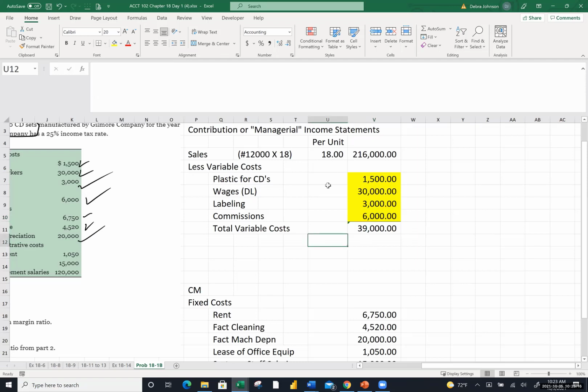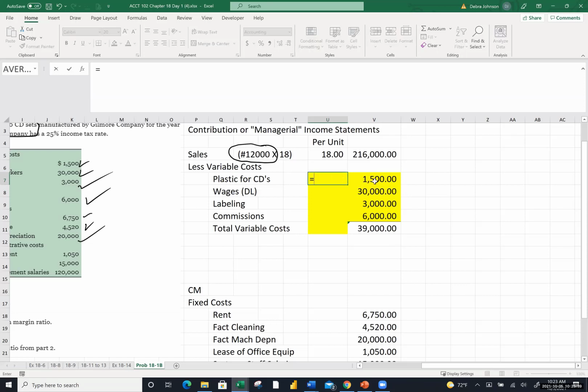And if your author wants per unit costs, and I can tell you that they do, I've seen your homework, then remember how many units this was for, 12,000. So I'm going to make this first formula and I'll let Excel do the rest for me.